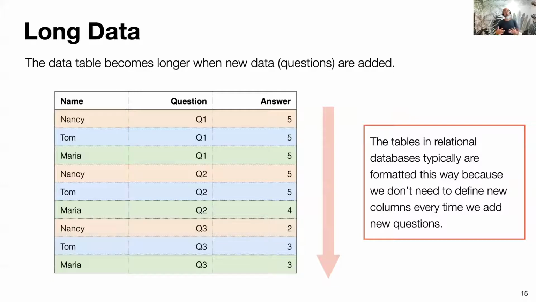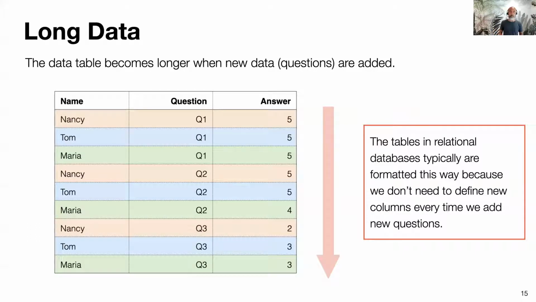Again, the more data come in, the data table format tends to go longer, meaning vertically longer. And if you're coming from a database background, most of the tables in databases typically have this format of long data.